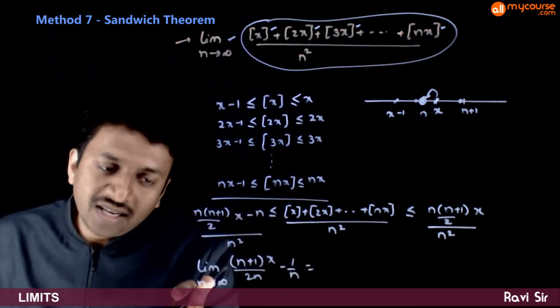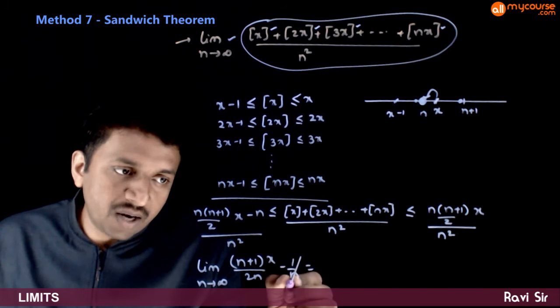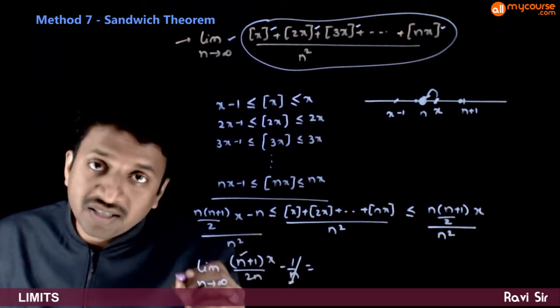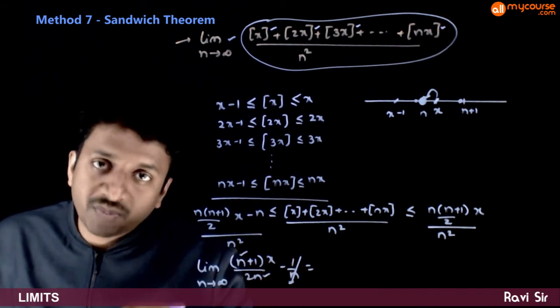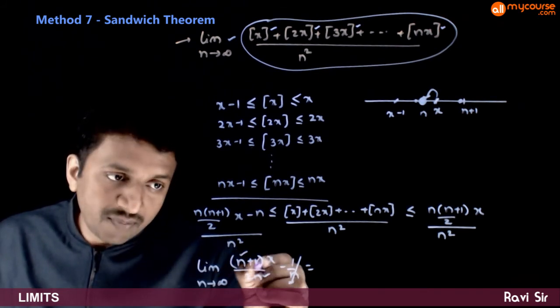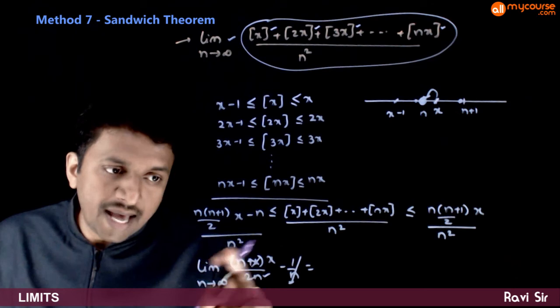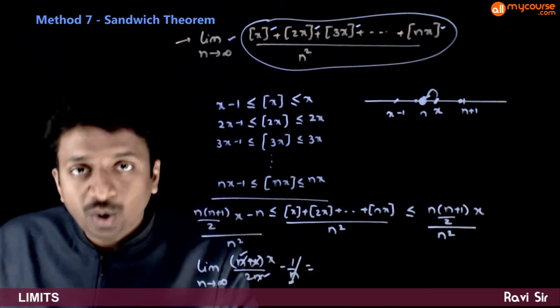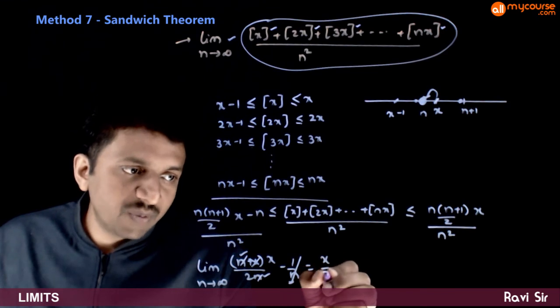As you can very clearly see, as n tends to infinity, 1 by n goes to 0. And here the highest power is n, here also the highest power is n. So 1 can be neglected. So nx by 2n, n and n get cancelled, you get x by 2. So the limit is x by 2.